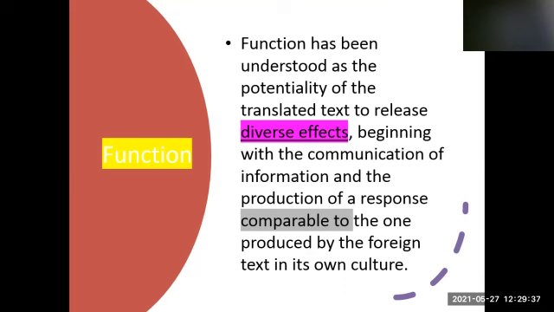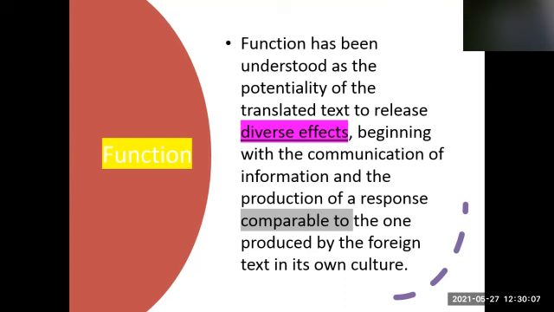I have to understand why I am translating this text, which feeling I want to convey to the reader in the target language. I have to keep it. I have to produce a response comparable to the response produced by the source text. The response of the reader should be the same.